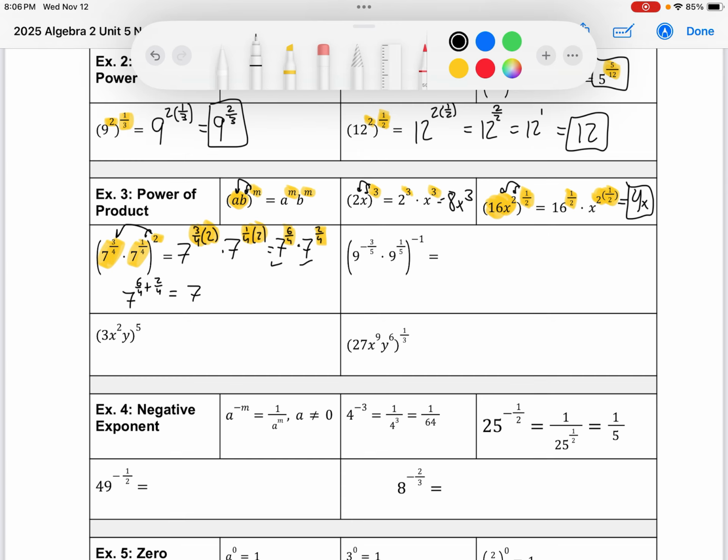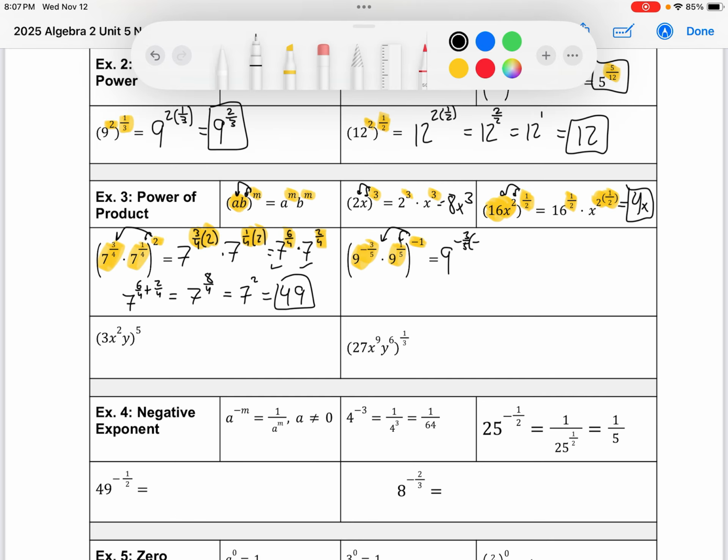So we can do a similar thing for the next one. We have 9 to the power of -3/5 times 9 to the power of 1/5. Both of those are being taken to the power of -1. So that -1 goes to both of these. So we have 9 to the power of -3/5 times -1. And then that's multiplied times 9 to the power of 1/5 times -1.